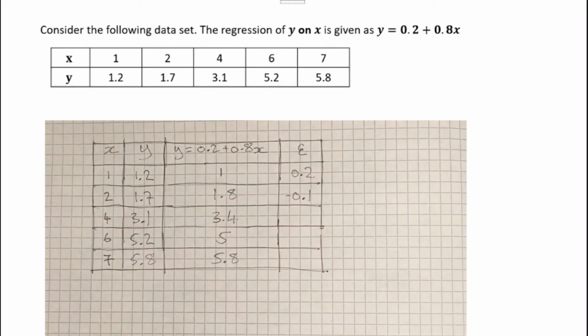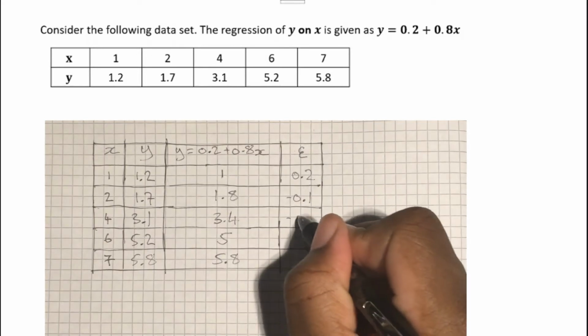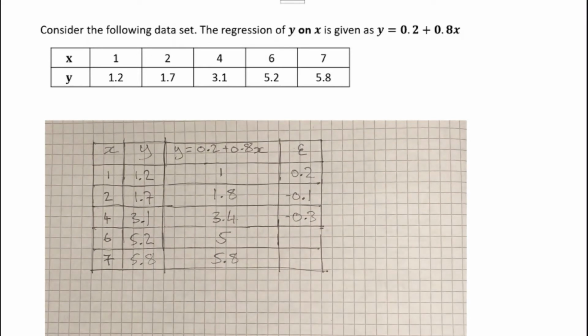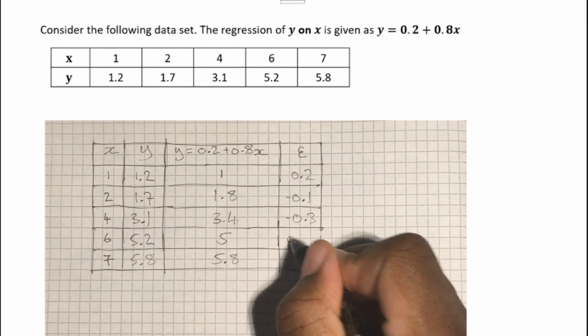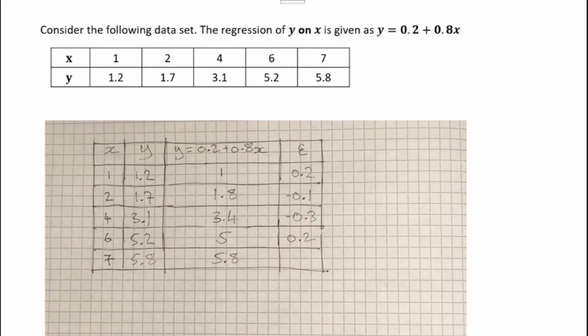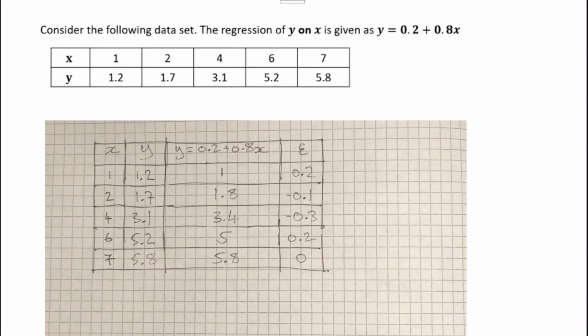This time round, my value is lower than what the function, the equation, would have generated. We continue to get residuals of negative 0.3, 0.2, and 0. Once again, the residuals would all add up to 0. So we could try to just add these together and we realize we get a sum of 0.